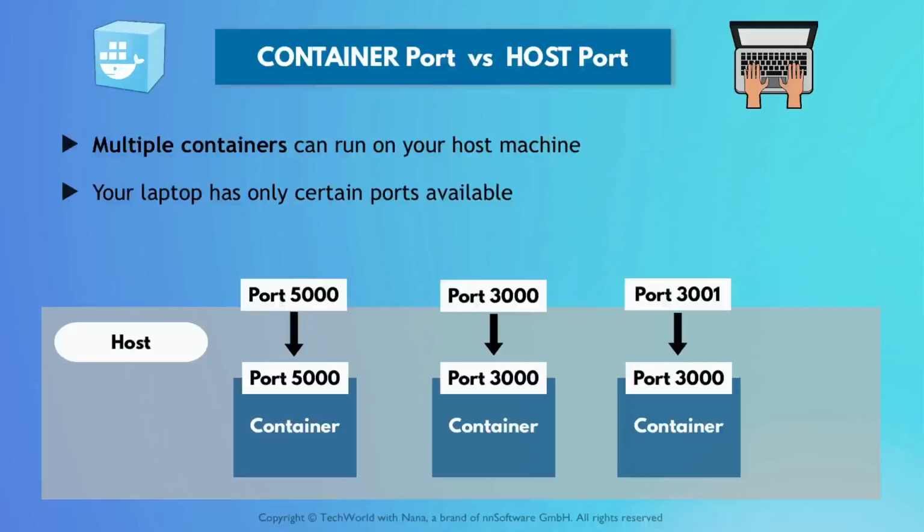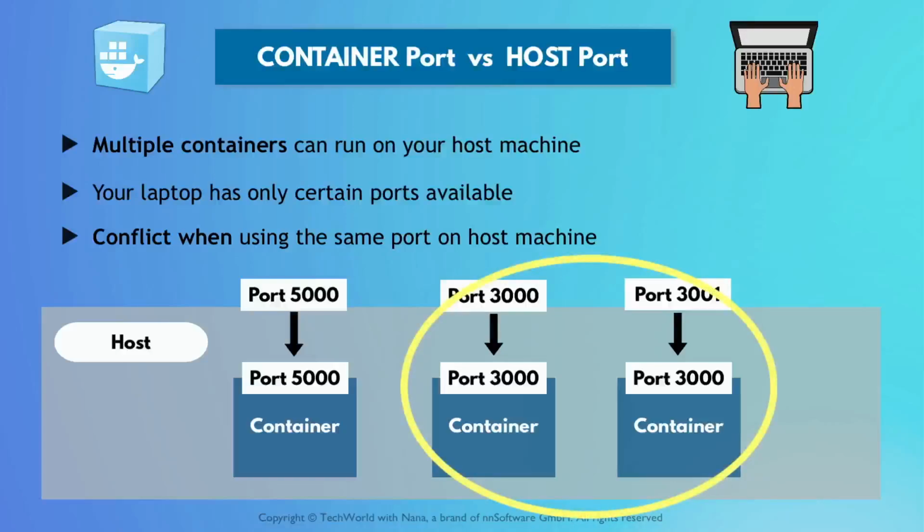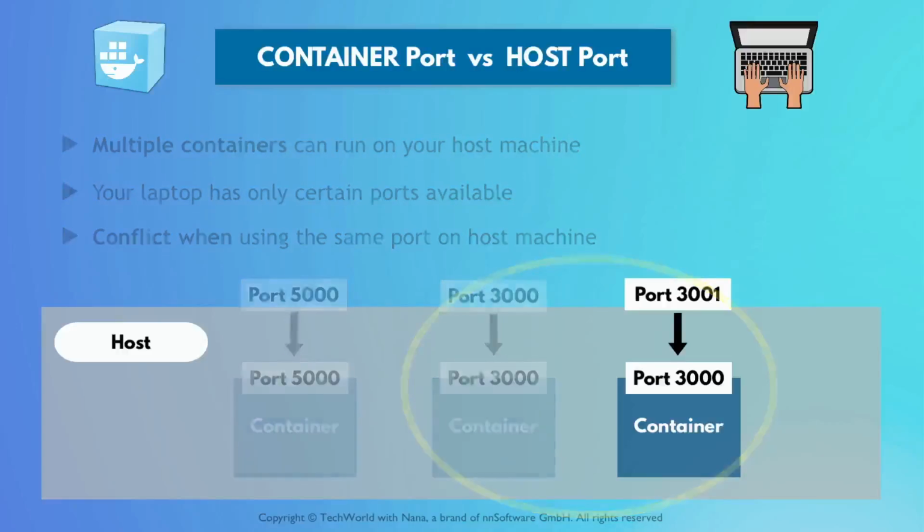Now, you will have a conflict if you open two 5000 ports on your host, because you will get a message that the port is already bound or already in use. You can't do that. However, you can have two containers, as you see in the second and third, both listening on port 3000, which is absolutely okay as long as you bind them to two different ports on your host machine.